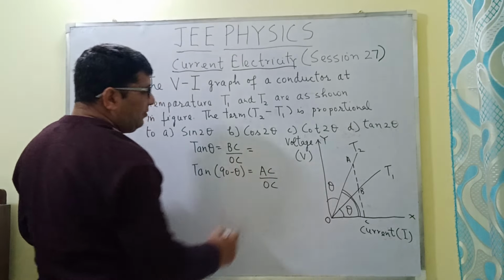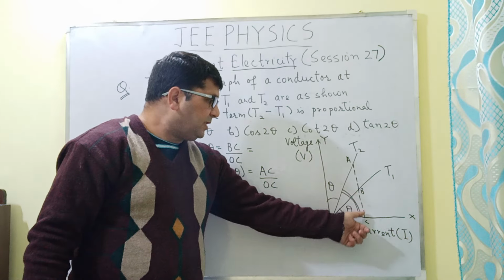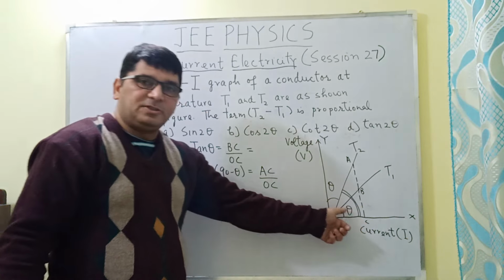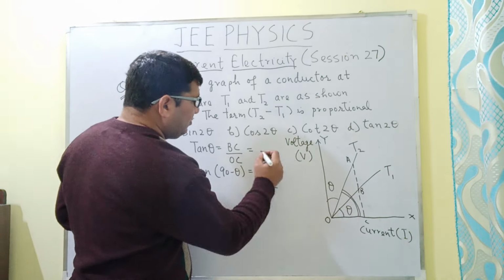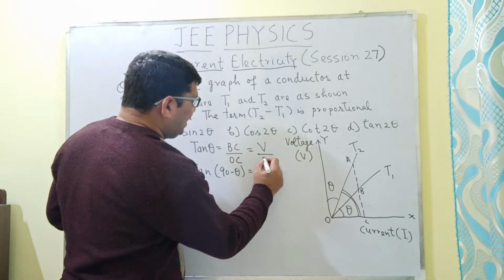Now tan theta is equal to BC upon OC for this line. BC, at any moment of time, will give you the voltage. This is the value of V, and OC is the current.